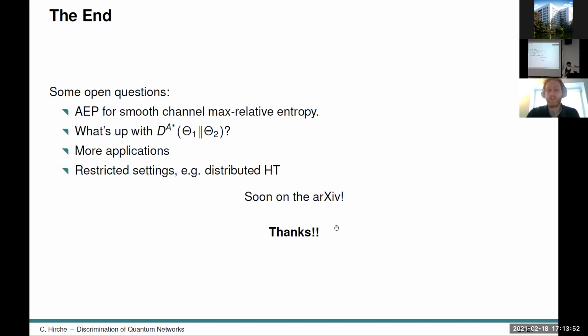And we really want to learn more about the star amortized quantity, whether it's actually bigger than the usual amortized quantity, or if there's some room for improvement in the rates. And then finally, of course, more applications and looking at restricted settings, like, for example, distributed hypothesis testing. But yeah, that's all I wanted to say.